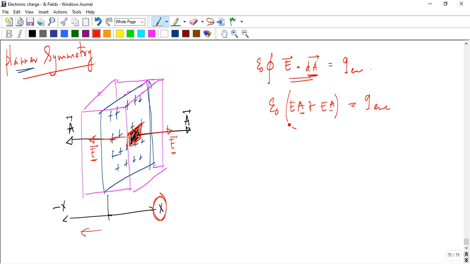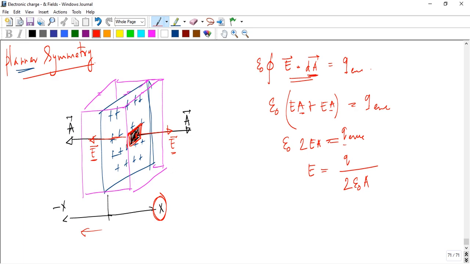So epsilon naught times EA twice gives 2EA equal to Q enclosed, and E equals Q by twice epsilon naught A. This is only a representation of magnitude, not a vector representation.